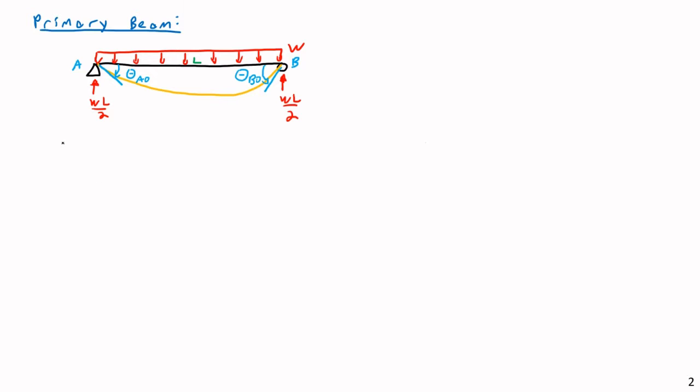So let's go ahead and do this. Conceptually, it's not too difficult, but it is quite a lot of plugging and chugging. So first of all, our load function, W of x, that's just a constant W across. Then V as a function of x, the shear, is going to be equal to the negative integral of W as a function of x dx, and that's just going to be equal to negative Wx plus C1.